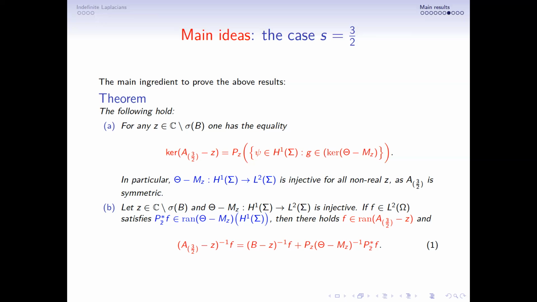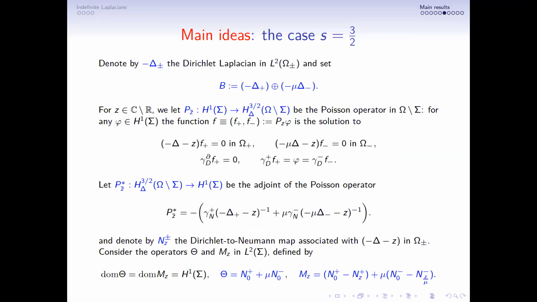Then let's say gamma one applied to a certain f would be just minus the Dirichlet-to-Neumann trace from the exterior, then minus or plus mu times the Neumann trace, then you have theta applied to gamma zero of your f.